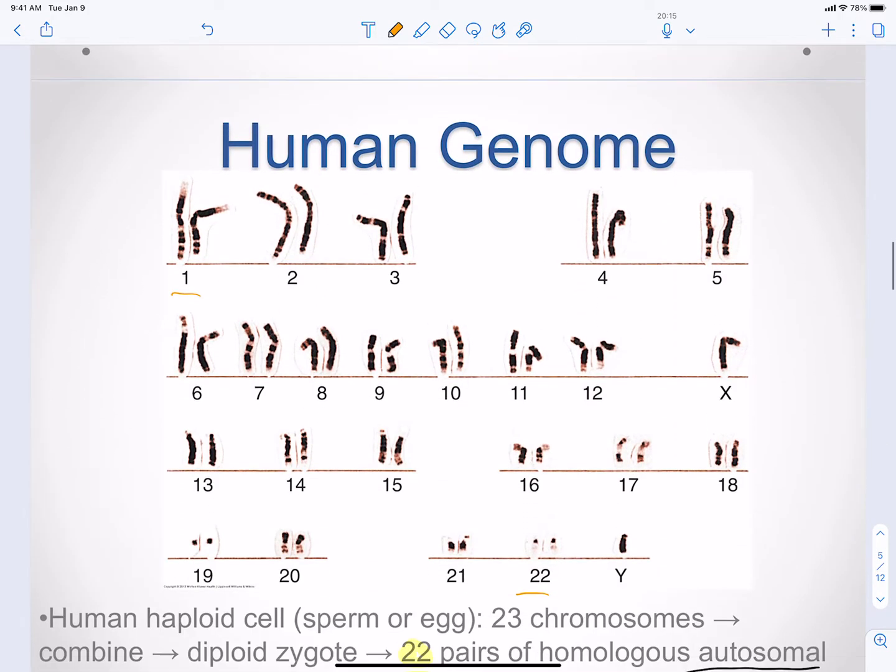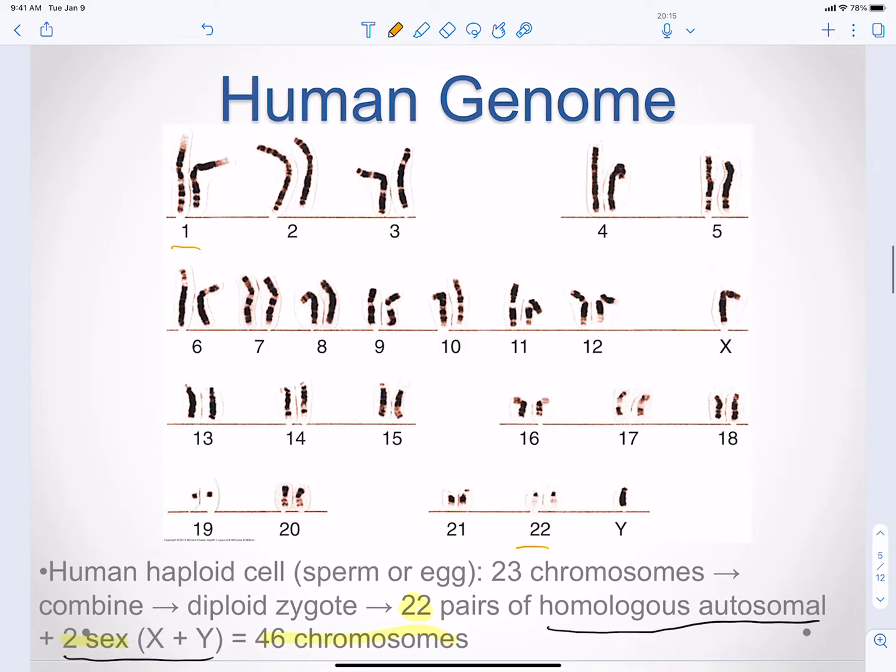Now, the human genome is going to be made up of 46 chromosomes. You're going to have 23 chromosomes that are going to have a pair, so that equals 46. 22 of these pairs are autosomal, and these are going to be common throughout all of us. And then there are going to be 2 sex chromosomes, and females are XX and males are XY.